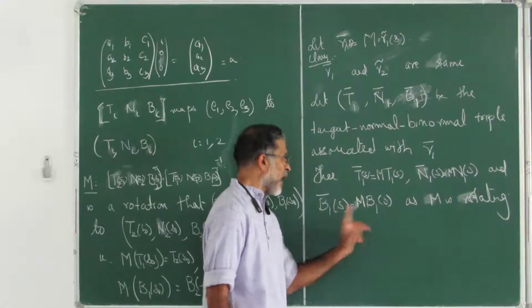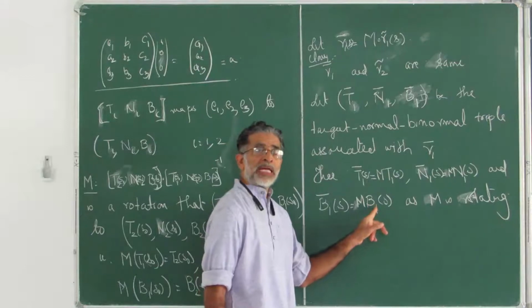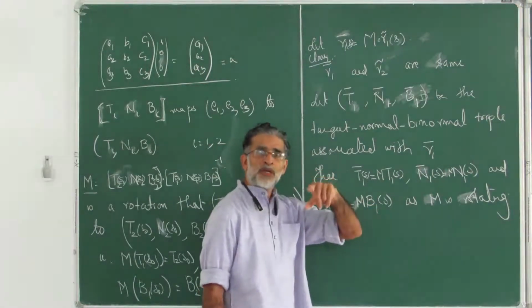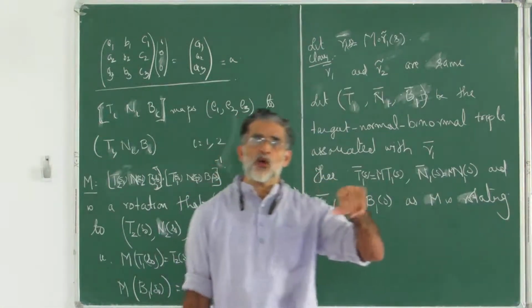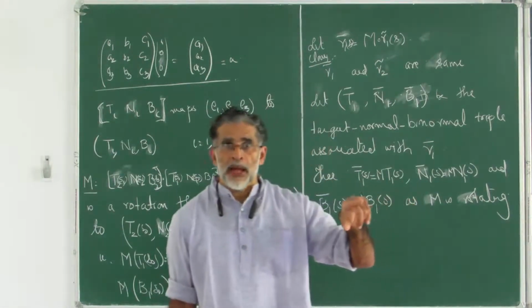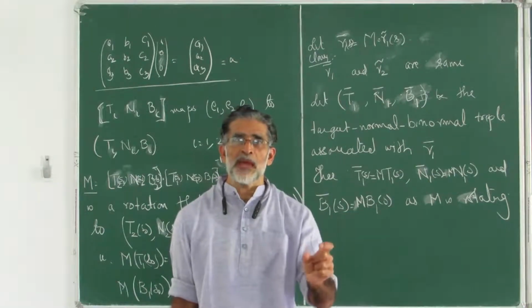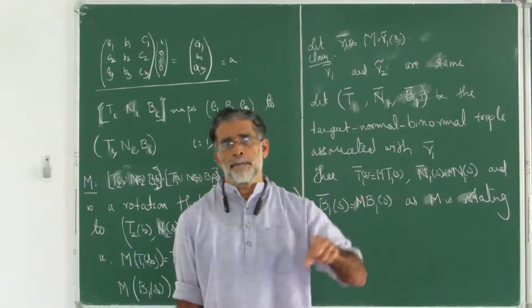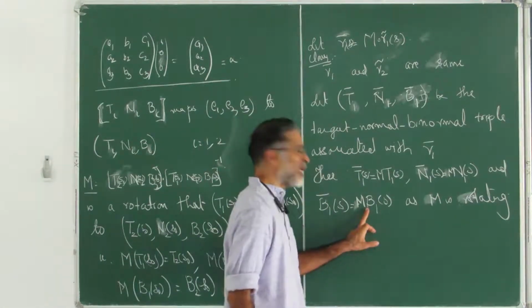So if you remember the computation, B1 bar is equal to the cross product of tangent and normal, so M T1 cross M N1. But then M is a rotation, therefore this is the same as M of T1 cross N1. That means M of B1. This is the only thing that you need to check.